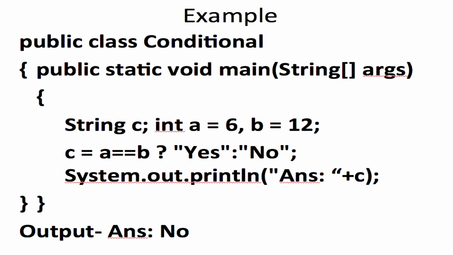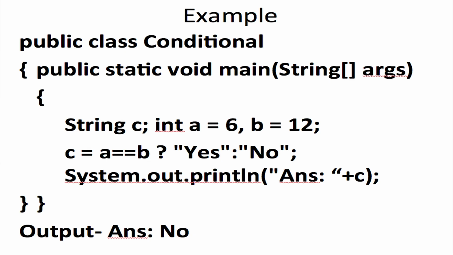Now see, c equals a double equals b question mark yes colon no. So we have three parts here. The first is c, the second is a double equals b, and then the question mark.